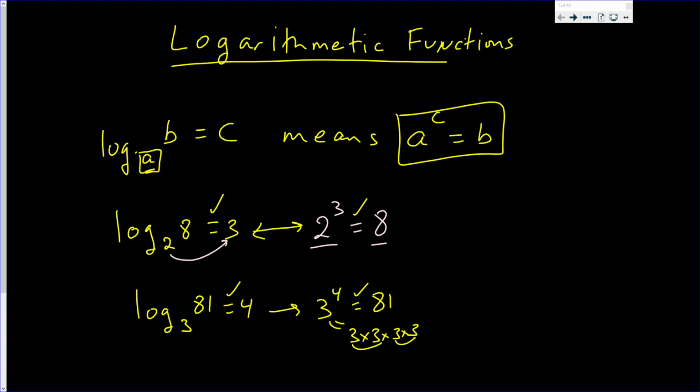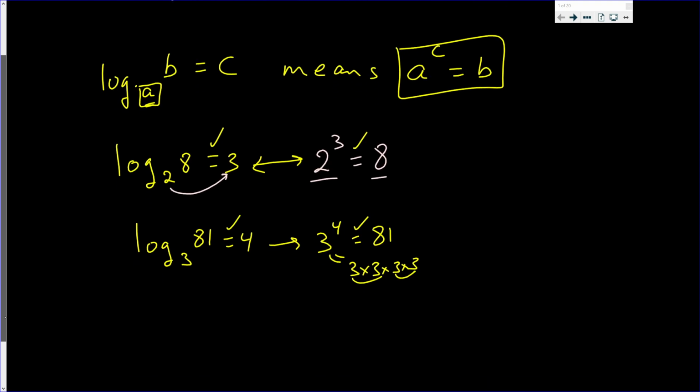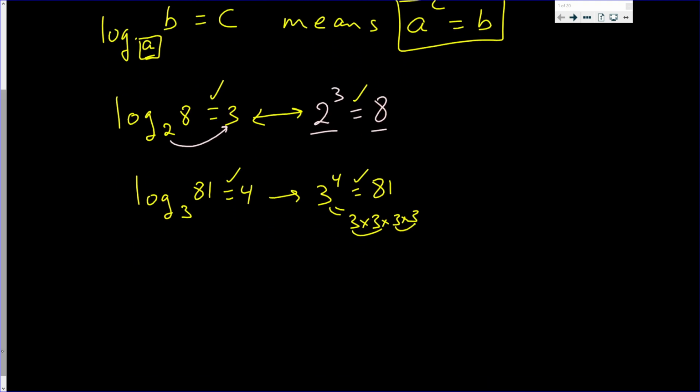How would you solve for x in this equation? Suppose that you were told that log base 3 of x plus 4 is equal to 5. Again, nobody knows how to solve this using logs.